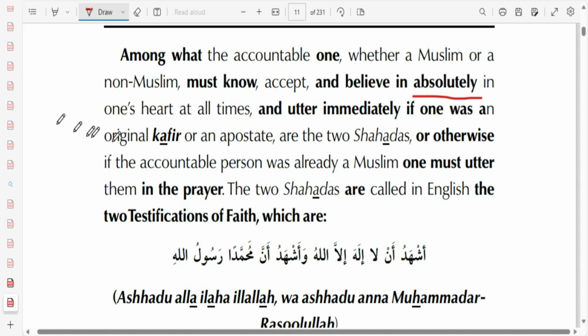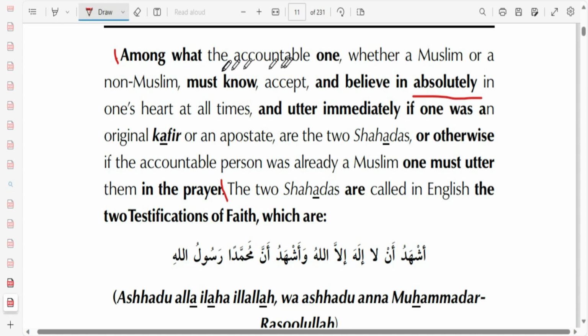And believe in absolutely in one's heart at all times, and utter immediately if one were an original kafir or an apostate, are the two shahadas. See how the sentence went very long here? From here all the way down to here. The Arabic accommodates that long sentence like that.